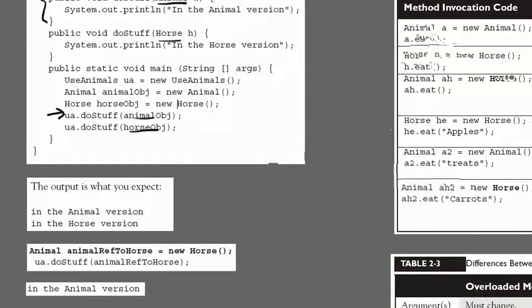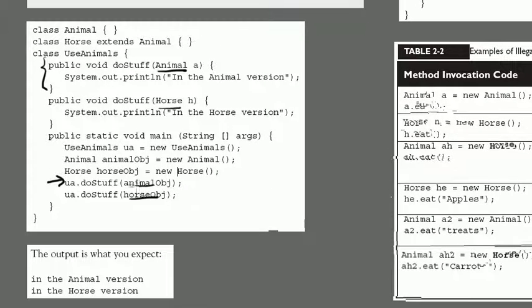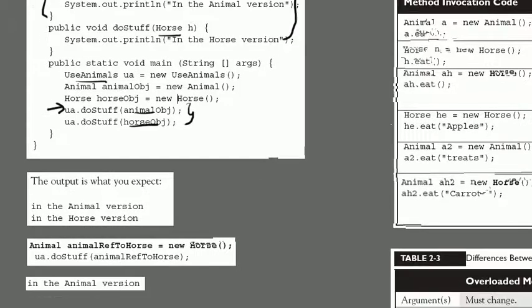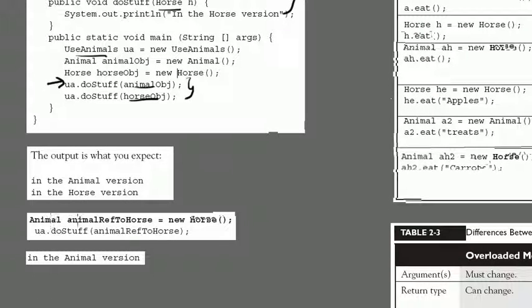But say you had something like this: an animal reference to a horse. In the first two cases you're invoking the method using a reference of UseAnimals. Here you're using a reference of type animal which points to a horse object.